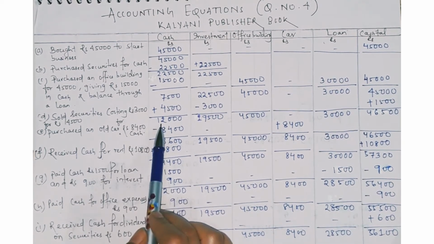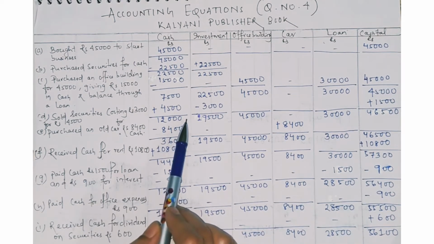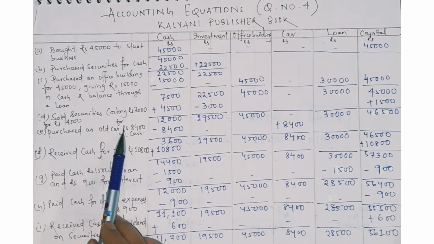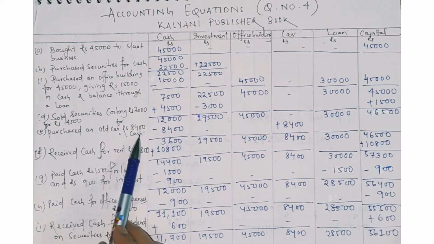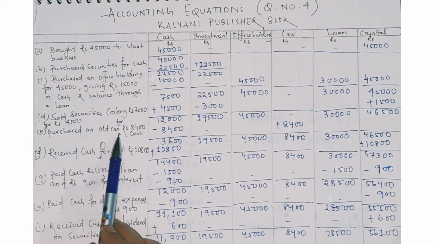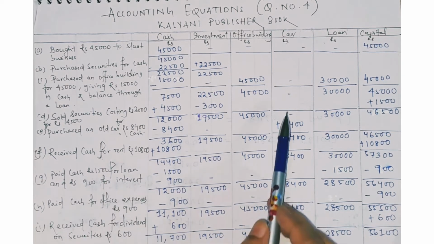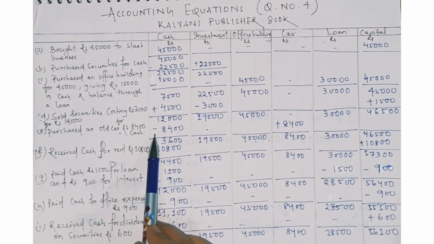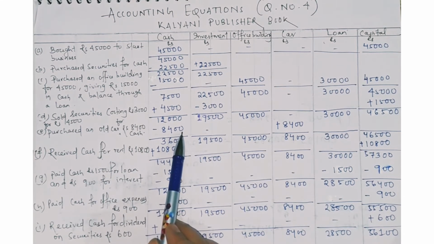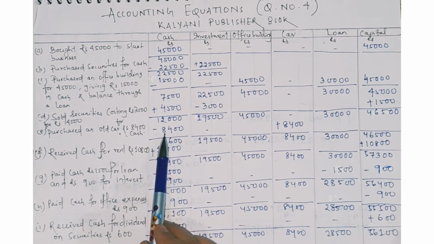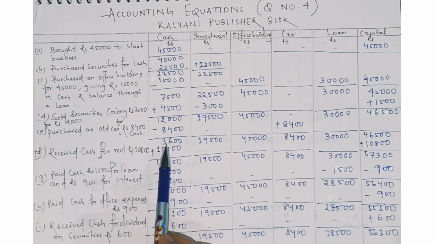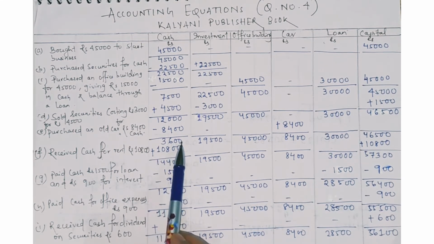Now it becomes 12,000. Okay, now purchased an old car for rupees 84,000 in cash. Now old car is purchased, so an asset is purchased in the business, so it will be shown as old car of rupees 84,000, and cash goes out of the business. Since we have made purchase through cash, so cash is deducted with rupees 84,000 and it becomes 3,600.